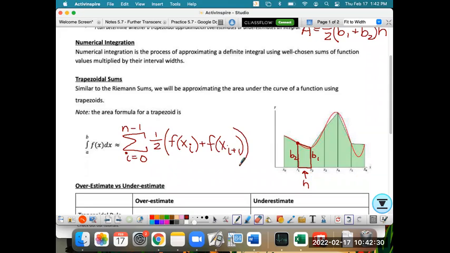Oh, I'm running out of room here. And then how did you guys say we find the width again? Or the base? Yep, x2 minus x1. In this case, it'll be those two x values that we have here subtracted. So x_(i+1) minus x_i.